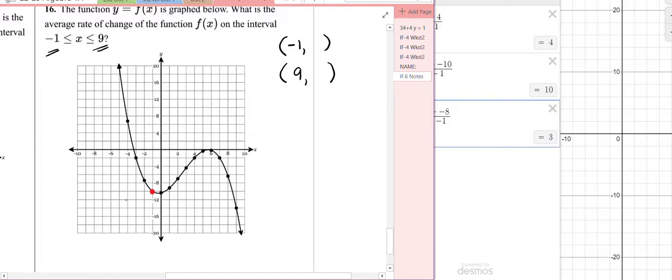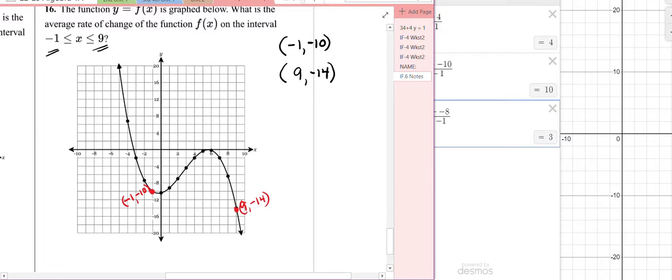Right, so this point is -1, -10. I got the sign right this time. -10. And when x equals 9, which is right here, go down to this point. What's that? Between these two is -14. So this is 9, -14.